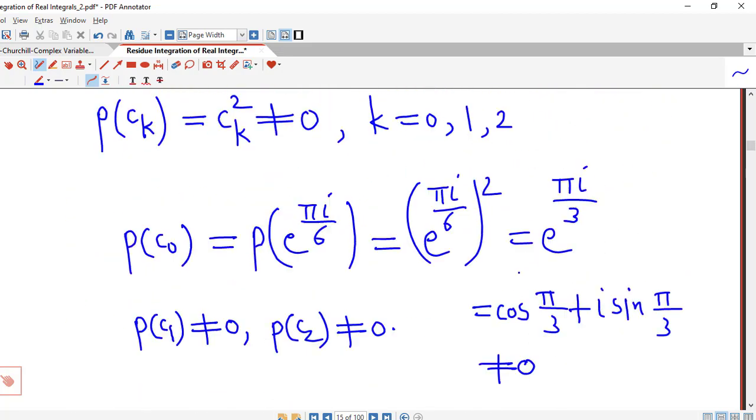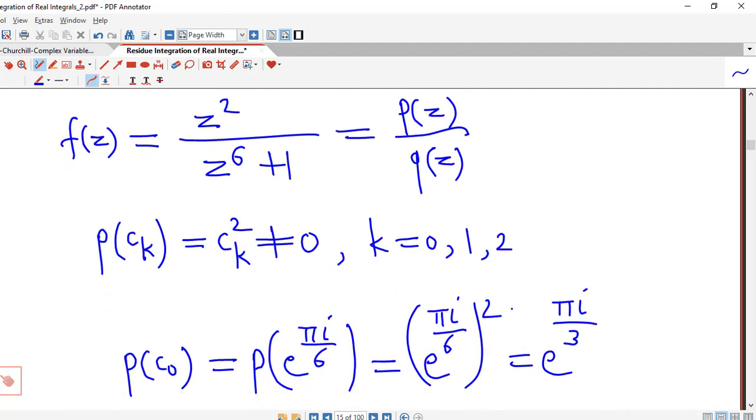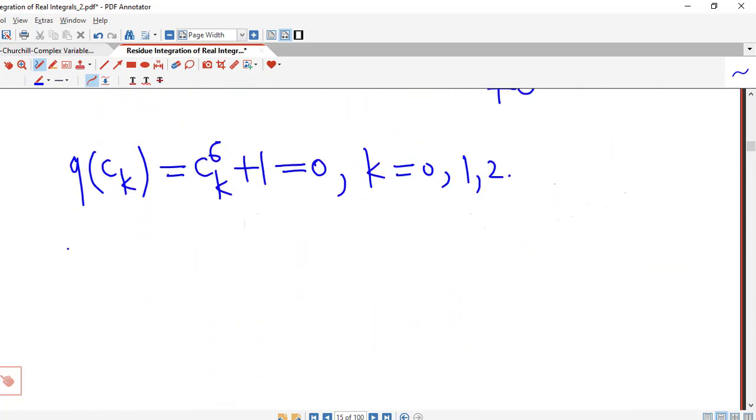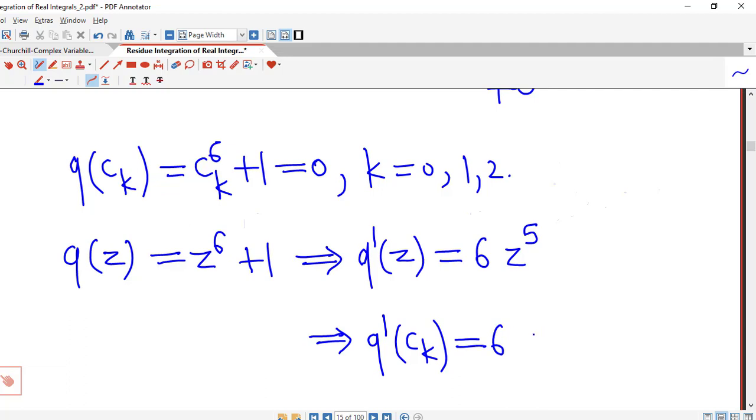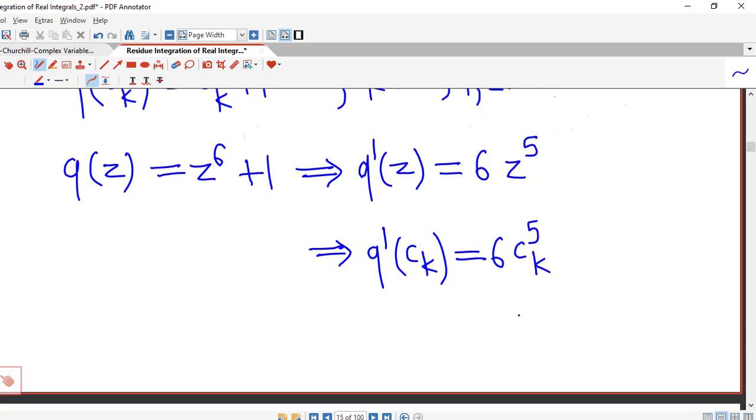Now we check the derivative of q(z). So q(z) is z raised to 6 plus 1, which implies q dash z is 6 times z raised to 5. And we can again clearly check that if we calculate the value of q dash at any of these roots, then it remains non-zero.